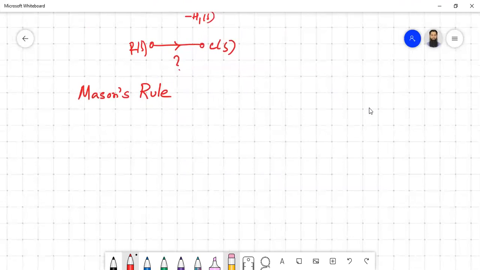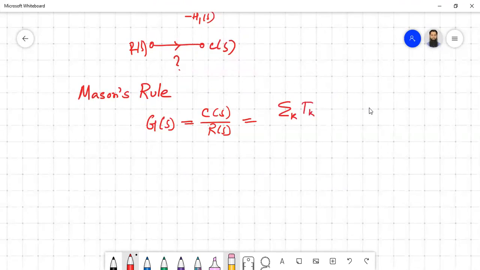The formula is G of S equal to C of S by R of S equal to summation of K, K is the number of path, forward path, TK, forward path gain, del K divided by del.